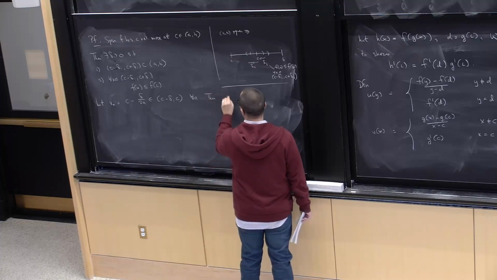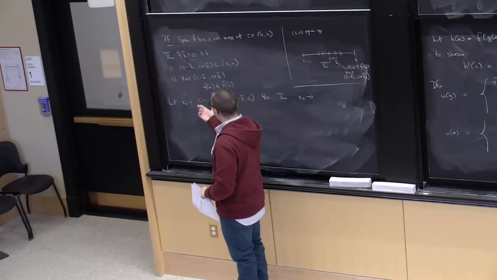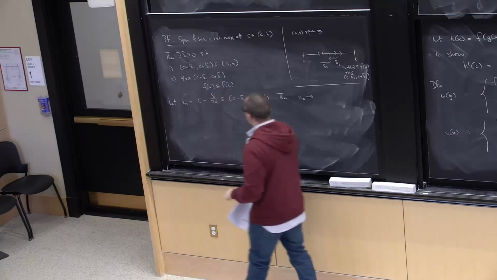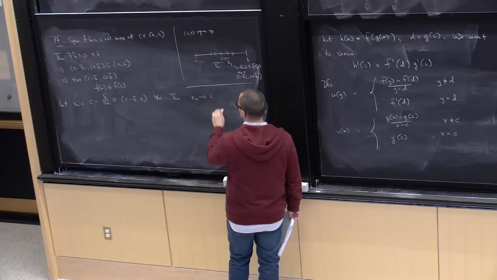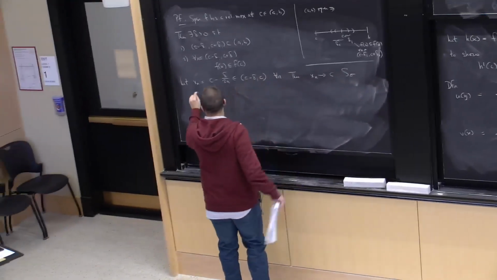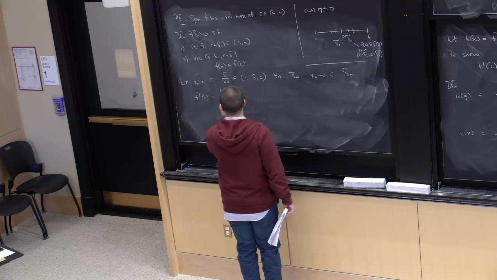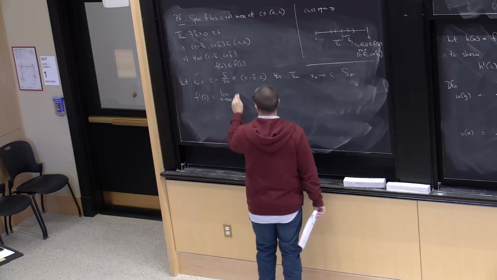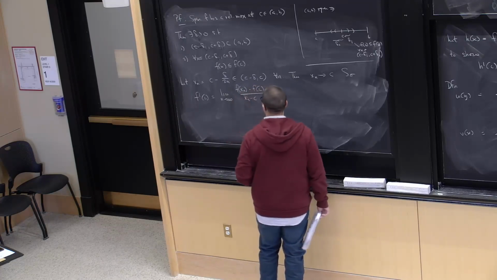Then, what do we know? x sub n, the limit as n goes to infinity of c minus delta over 2n, converges to c. So the derivative at c is equal to the limit as n goes to infinity of f of x sub n minus f of c over x sub n minus c.